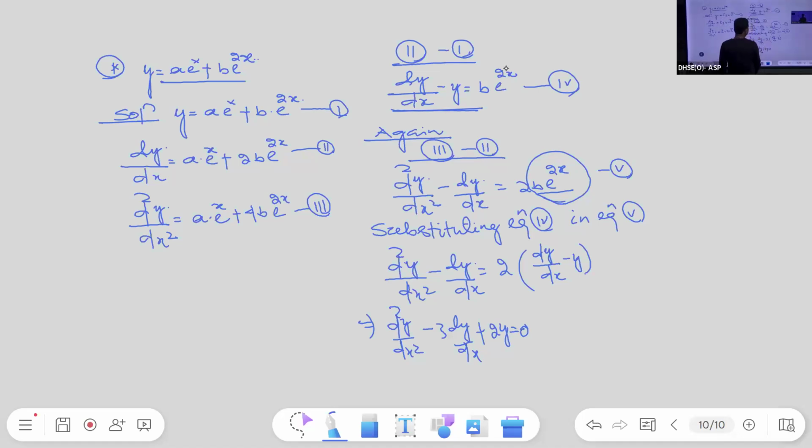Then come to solution of a differential equation. Quickly note it down, guys. Okay, that done.